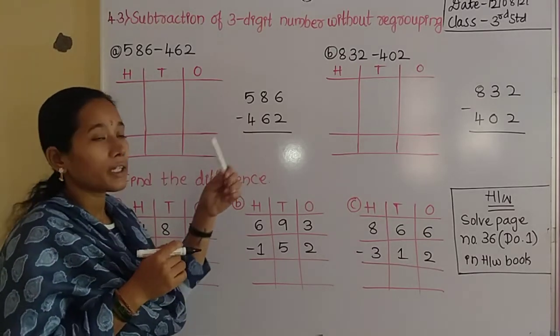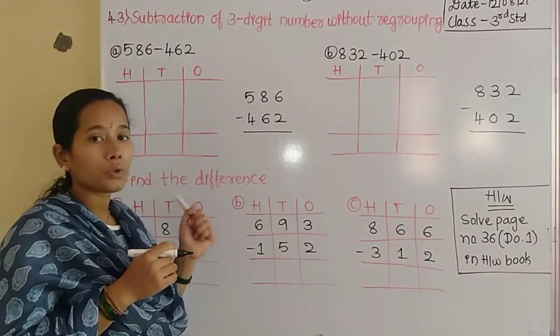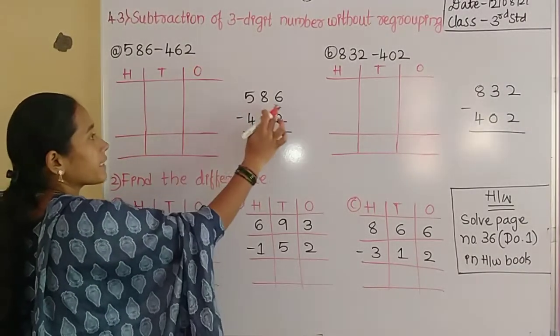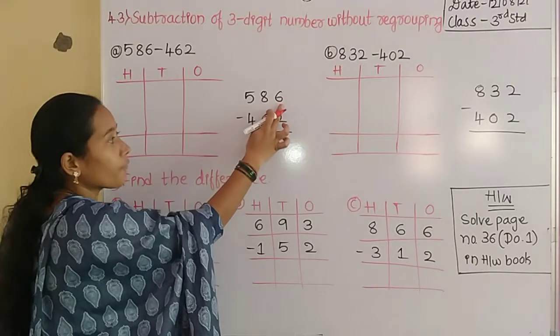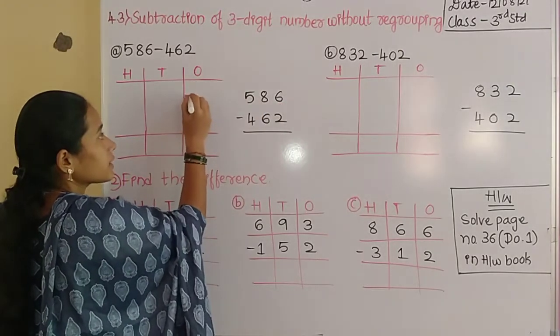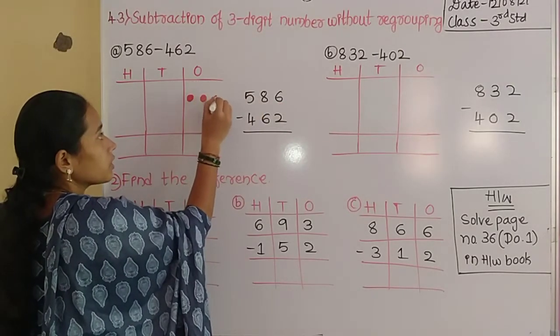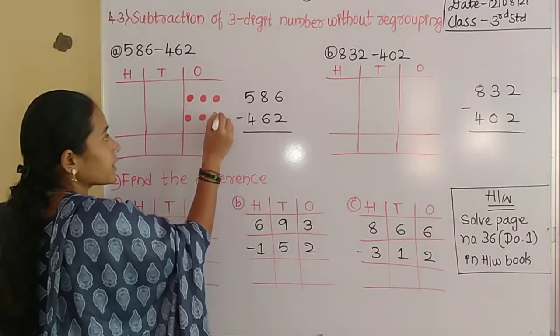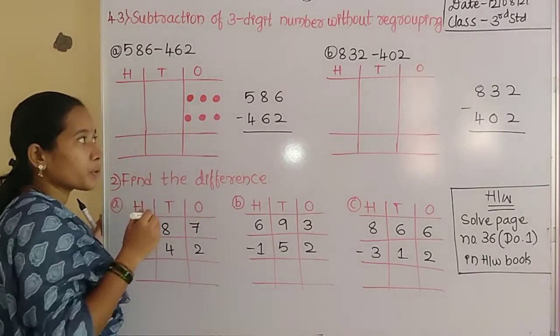586 is the minuend. According to the minuend only we have to draw the dots. In 586, 6 is in the ones position, so draw here 6 dots: 1, 2, 3, 4, 5, 6. Next, the tens position.